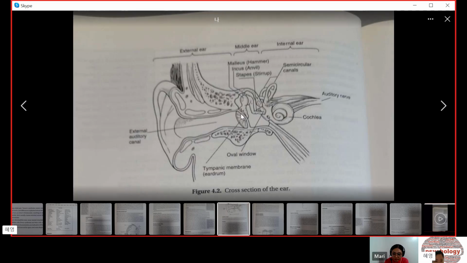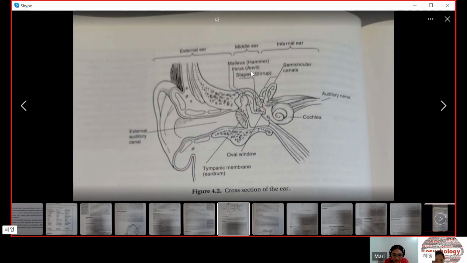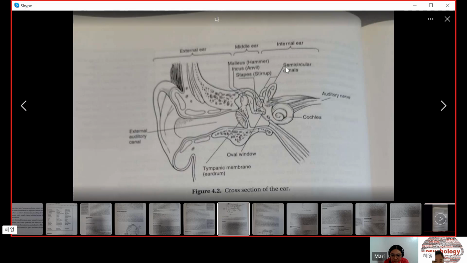And beyond the eardrum and oval window, there is a hammer and anvil, and then the stirrup shapes here like this. And there is a semicircular canal. And this is the cochlea and auditory nerves. This is our cross-section of the ear.